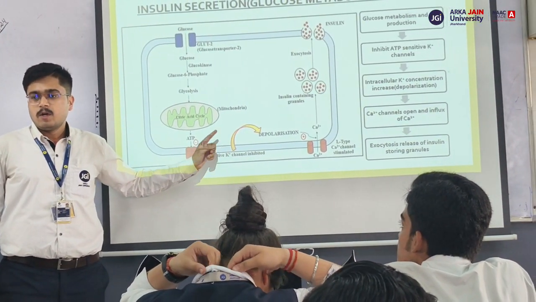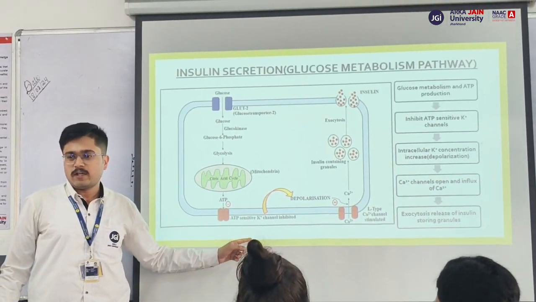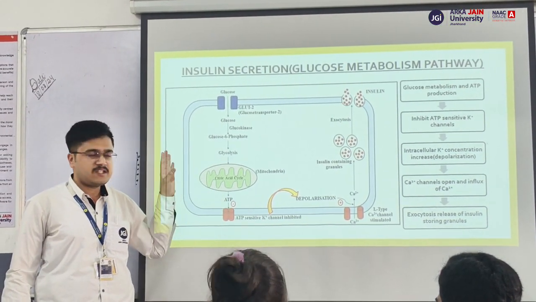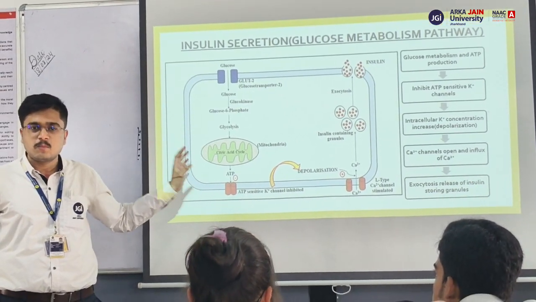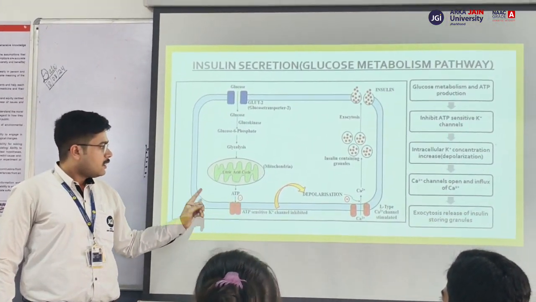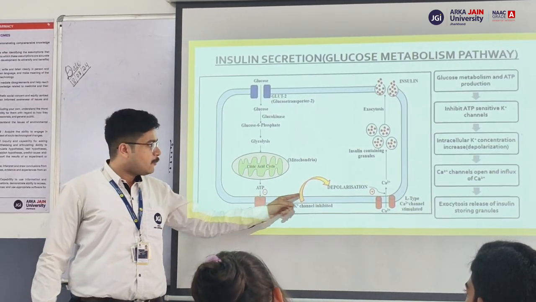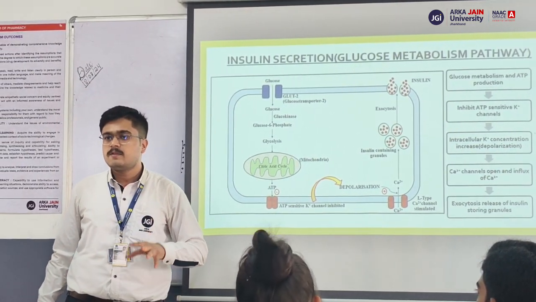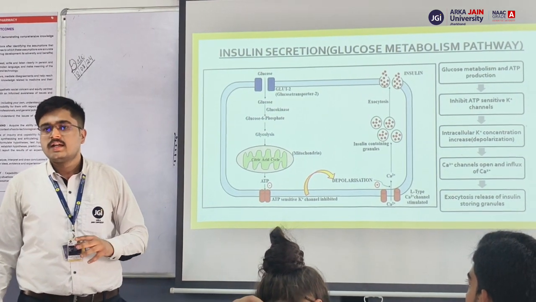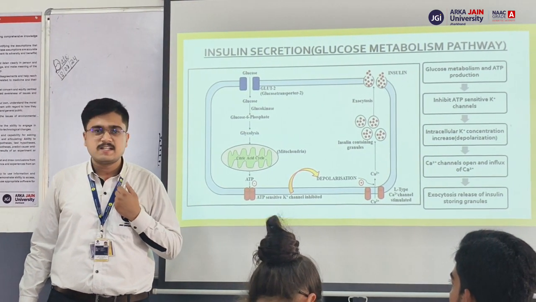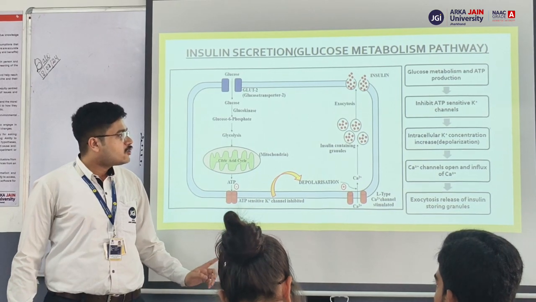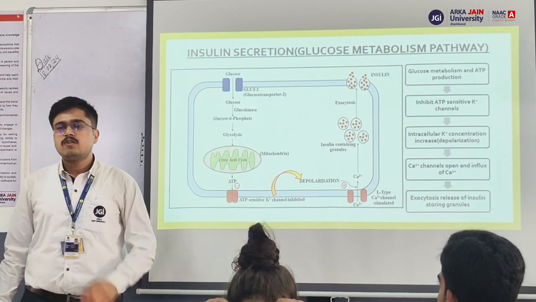Because of which the efflux of potassium is inhibited, because the potassium ion concentration inside the cell is more compared to outside. Then the inside of the membrane becomes less polarized, and depolarization takes place. The inside of the cell is becoming positive. Then as a result, calcium ion channels open, which leads to the insulin secretion into the bloodstream.